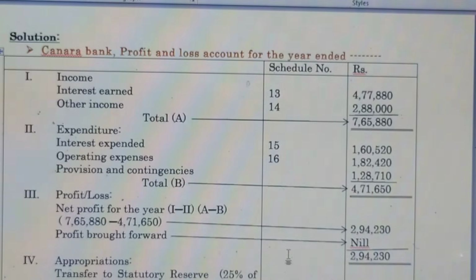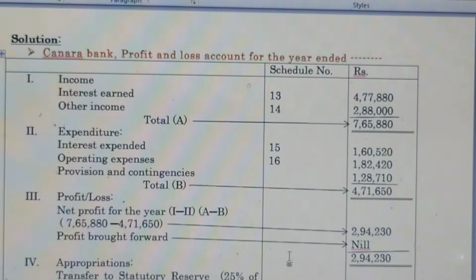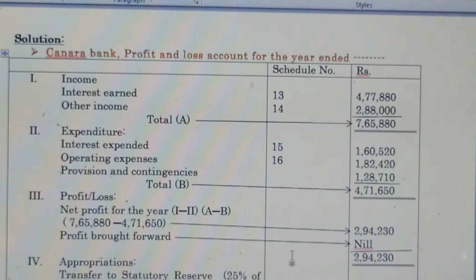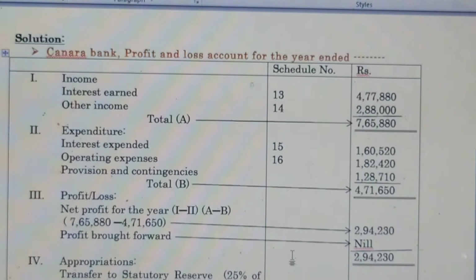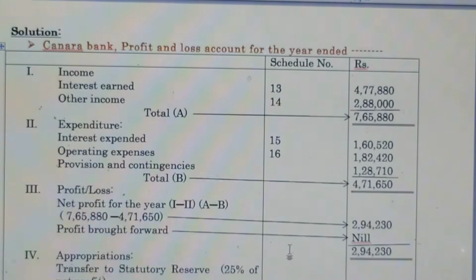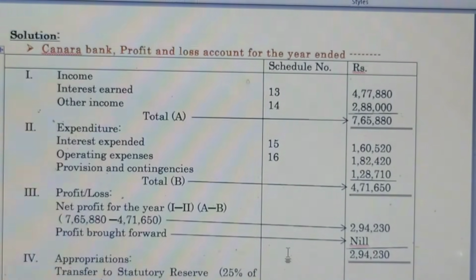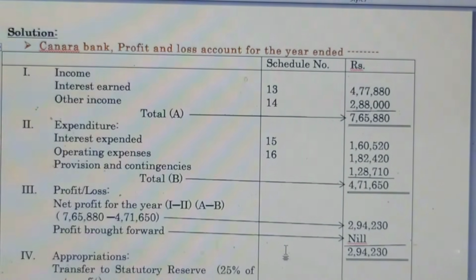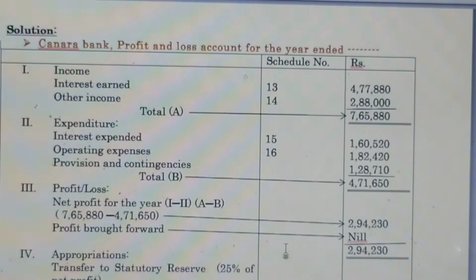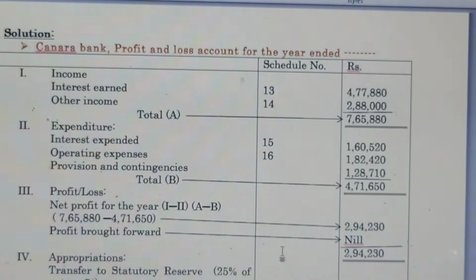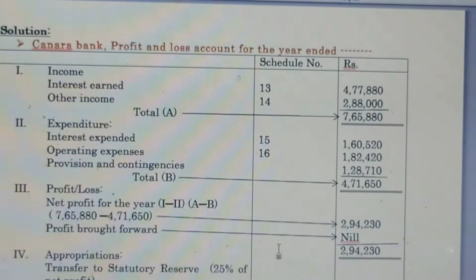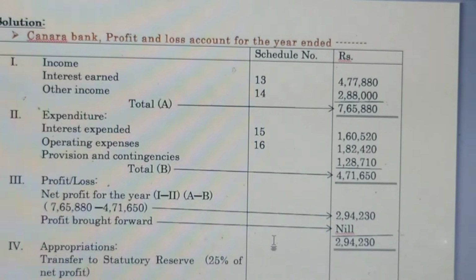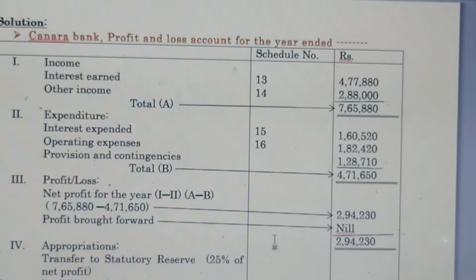Then we have to mention Roman letter 2. That is expenditure. Under the expenditure, we have to mention interest expended. That is the schedule number 15 heading, and number 15 will be mentioned in the schedule number column. Then in the rupees column, we mention the schedule number 15 total amount, that is 1,60,520.